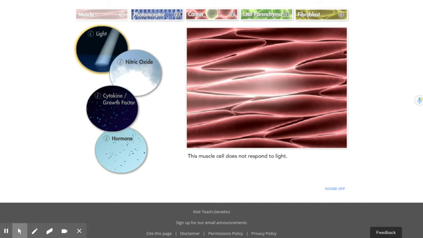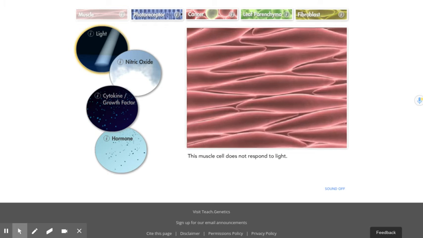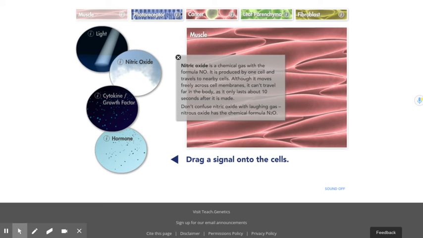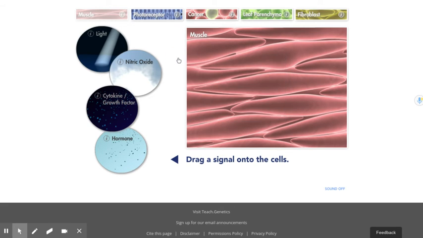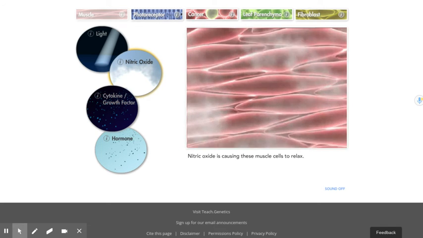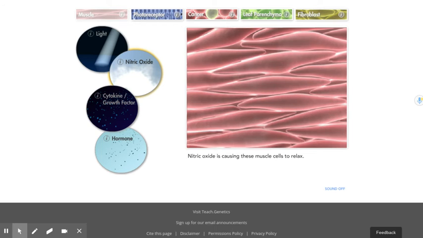This muscle cell does not respond to light. Nitric oxide is causing these muscle cells to relax.